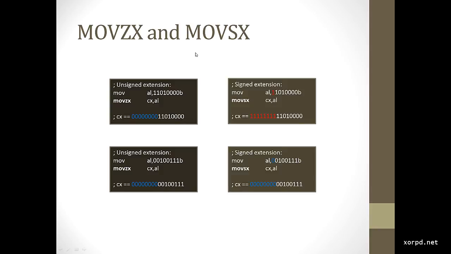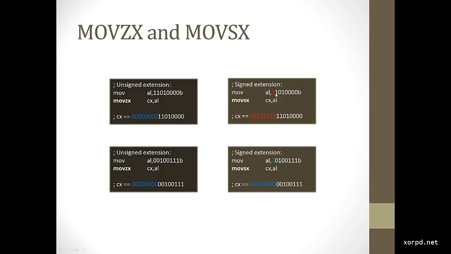Let's take a look at the other instruction, move sign extension. Move sign extension is more sophisticated. It checks the first bit. Move 0 extension doesn't do it. It always uses the 0 extension. However, move sign extension first checks the highest bit, the MSB, and the extension is going to be according to the highest bit.